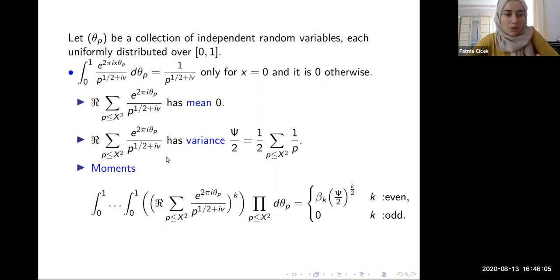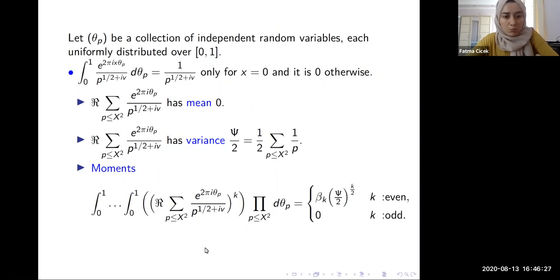And since the mean is 0, the average of the second power now will give you the variance, and you will find that the variance will be C over 2. So this is what we had in Selberg's central limit theorem. This was the mean, and this was the variance.